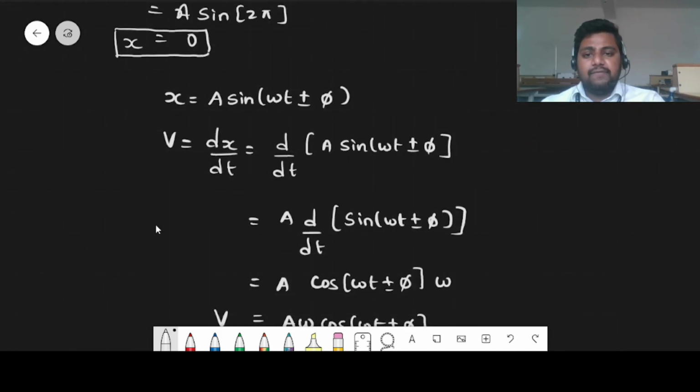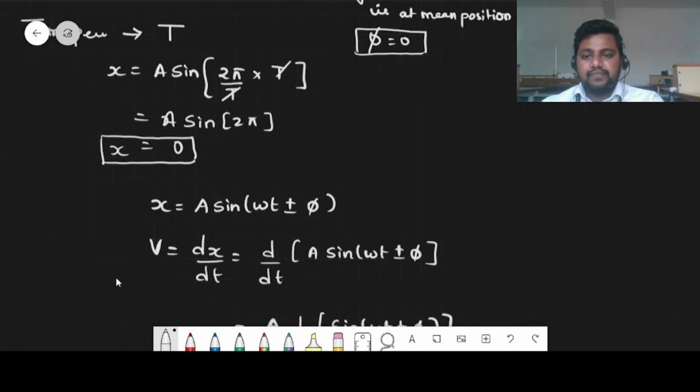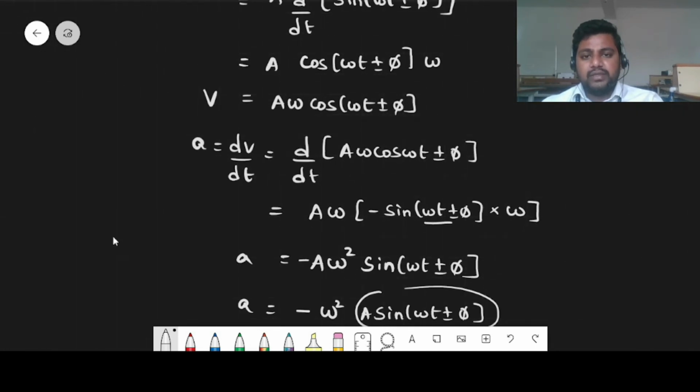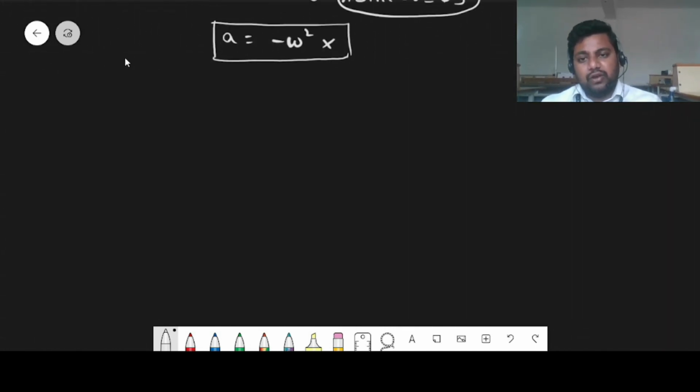Now further if you want to analyze, you can use these formulas. You can use the formula of velocity. You can write the velocity equation as a omega cos omega t plus or minus phi.